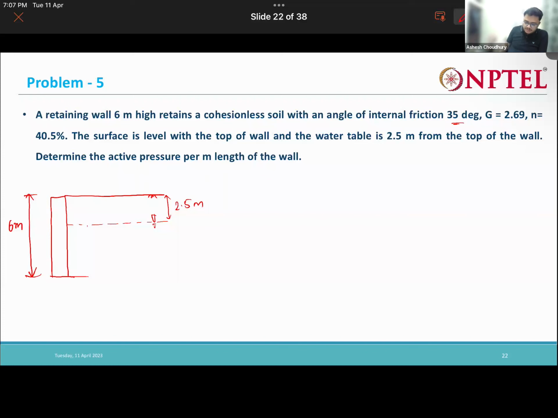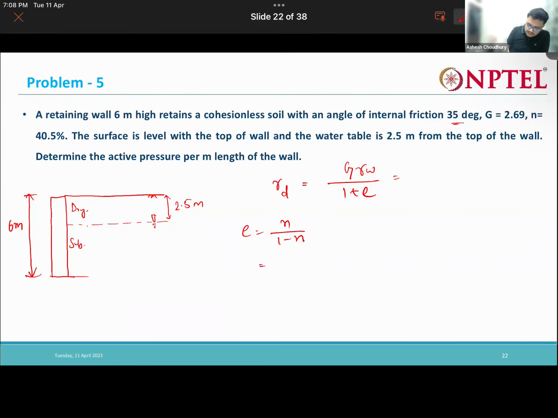Now what we need to do is first determine the dry unit weight and the submerged unit weight. This portion is dry, and this portion is submerged, right? So let us first determine the dry unit weight. Dry unit weight is G gamma W upon 1 plus E. How to determine E from N?